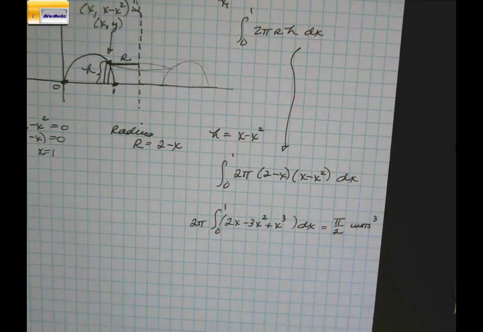Okay, so now we've been rotating around a vertical axis. Now let's start rotating around a horizontal axis.